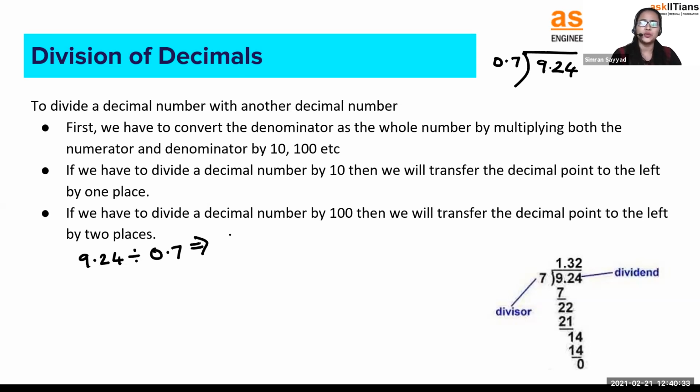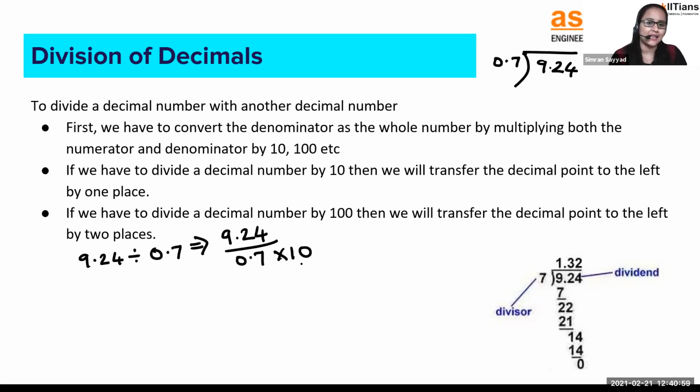How are you going to do that? Simply multiply by 10 or 100 or 1000, depending upon your decimal point. So I'm going to write this as numerator upon denominator. In the denominator, I don't want 0.7, instead I want 7. So to get 7, I should multiply by 10 so that the decimal shifts and I get a whole number, which is 7.